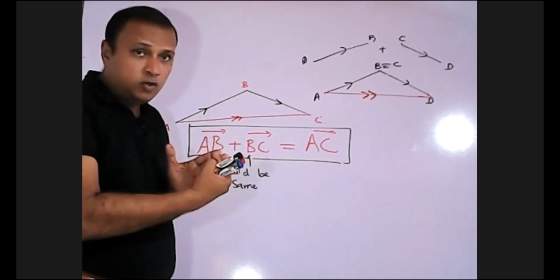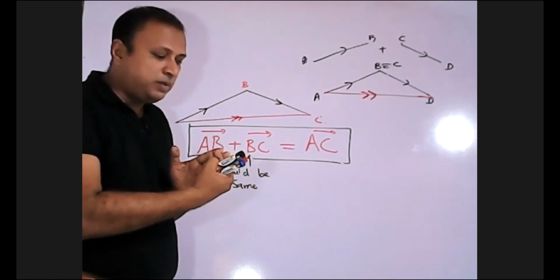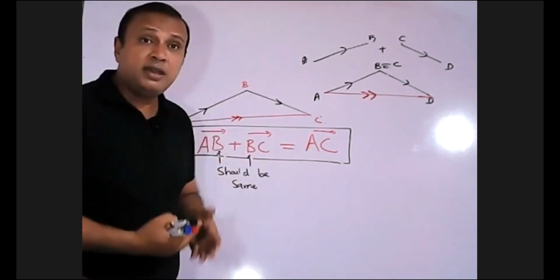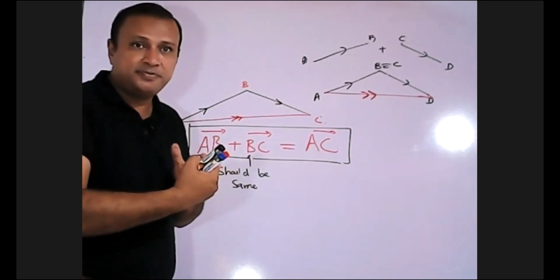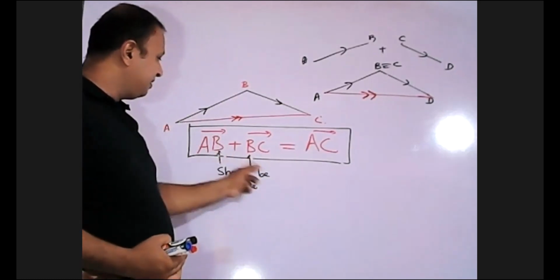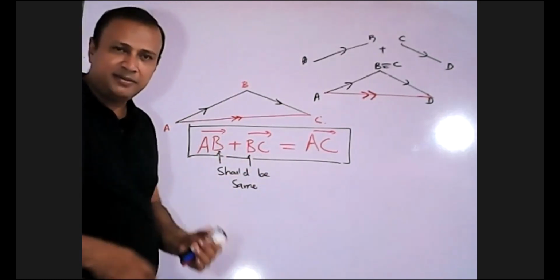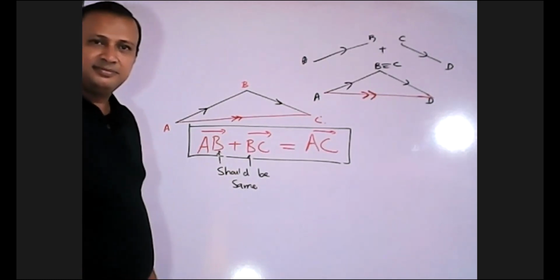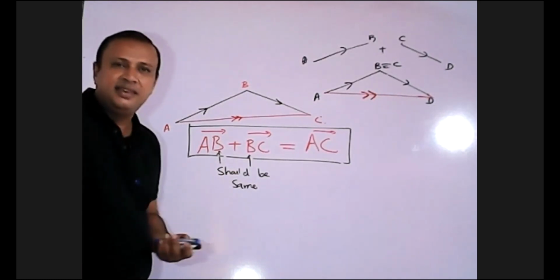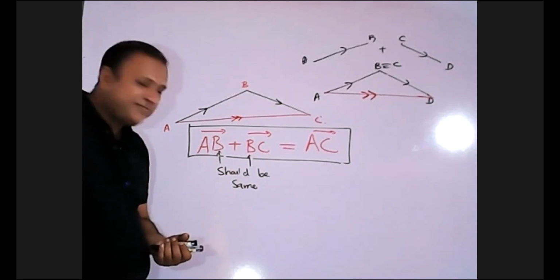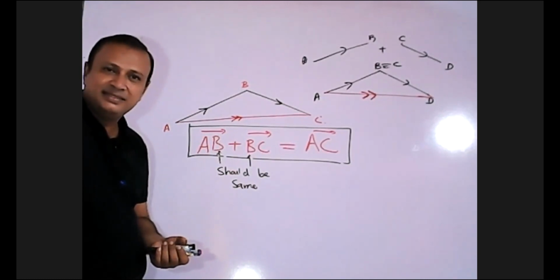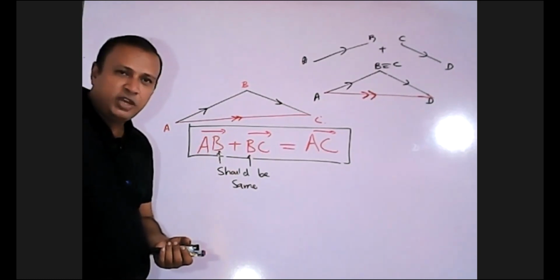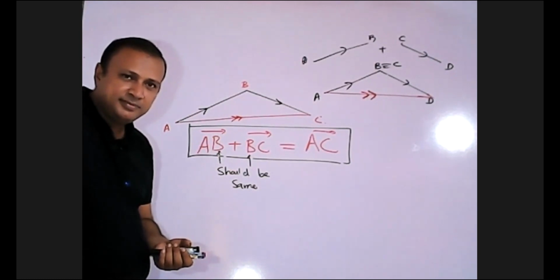Once I overlap these 2 points, they will become a single point. That's why these 2 points are same. Did you understand it? Did you get my point? Still not? Yes, sir.